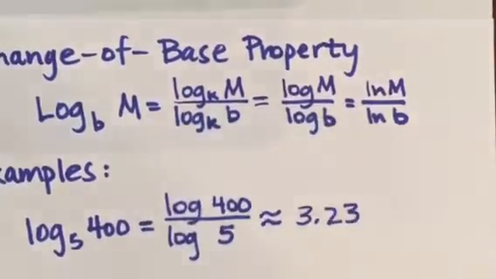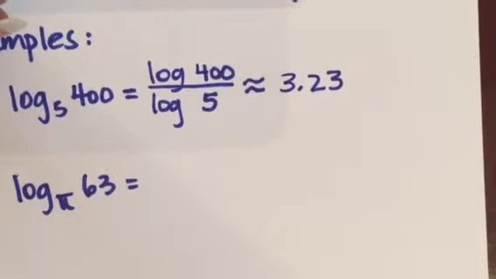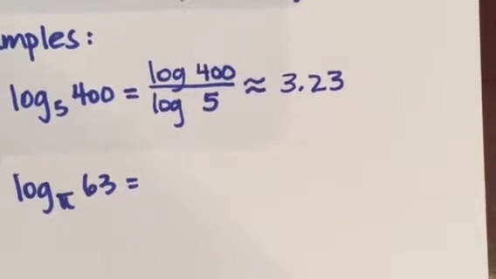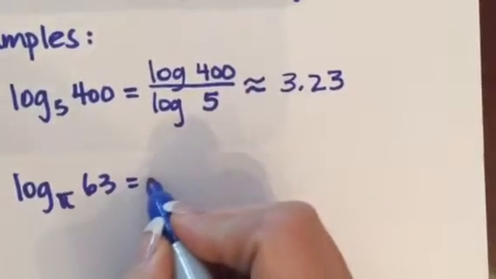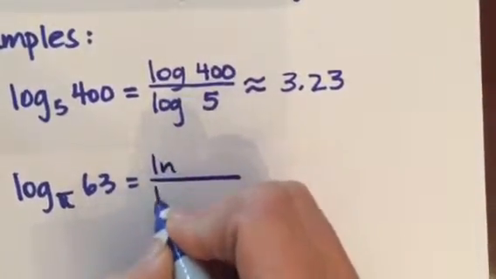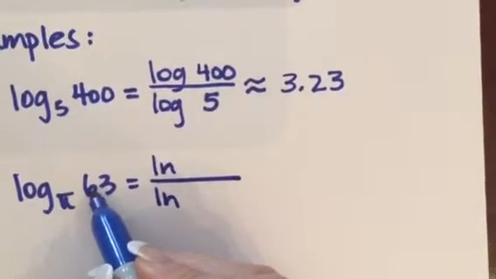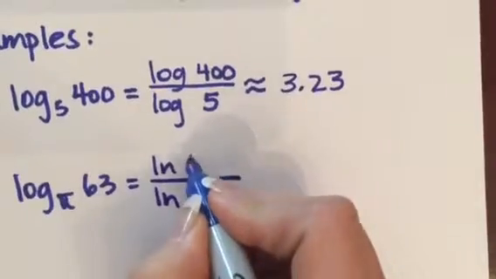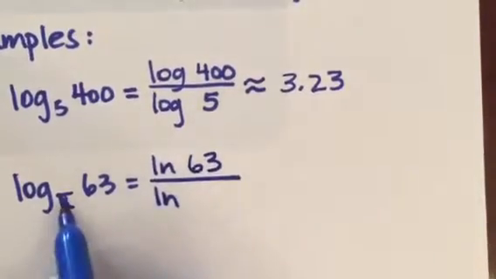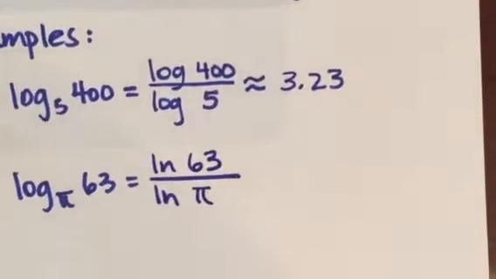All right, so let's go to this next example. And our next example is log base pi of 63. So this time let's use natural logs. So that means that we're going to write this as a ratio of 2 natural logs, ln and ln. And remember, the argument goes on top, ln of 63. The base goes on the bottom, ln of pi.